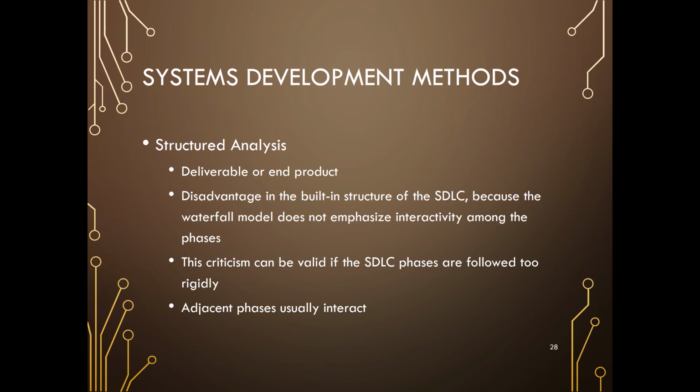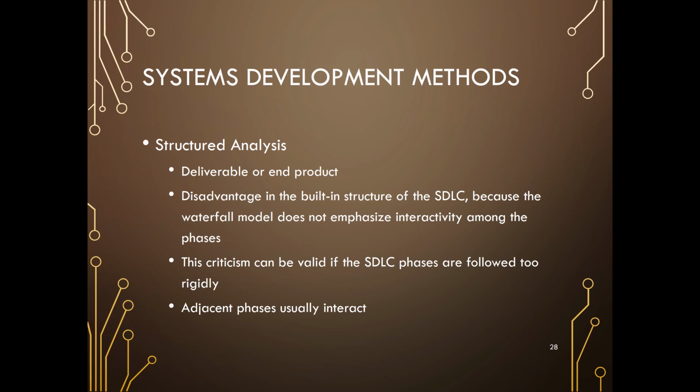Okay, and we said that this criticism about interactivity among phases can be valid if SDLC phases are followed too rigidly. Adjacent phases usually interact, for example, analysis and design.